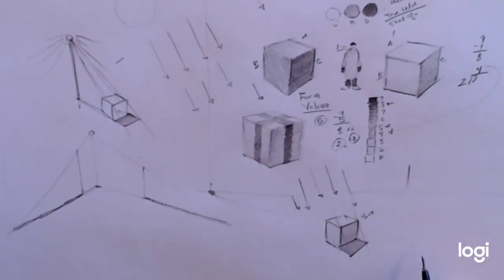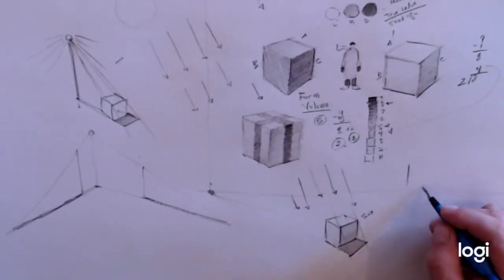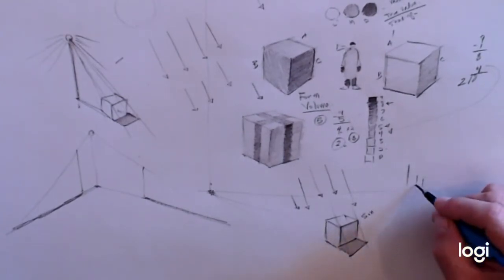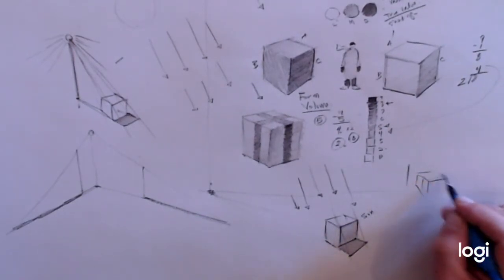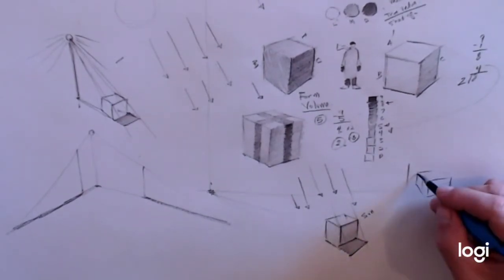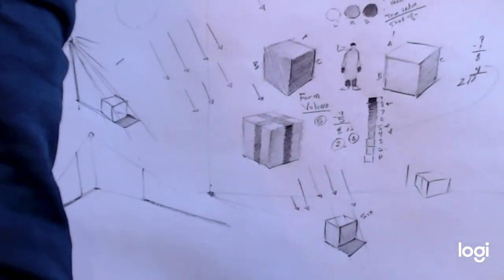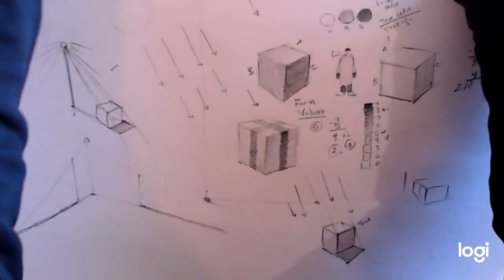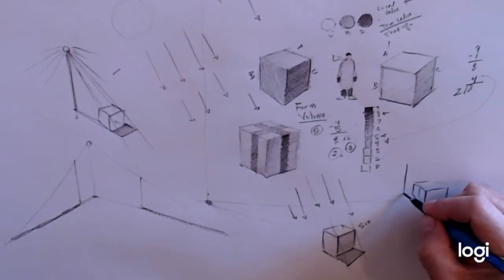a post and there's a light and it's casting a shadow onto an object? How does that work? This is what we would get.